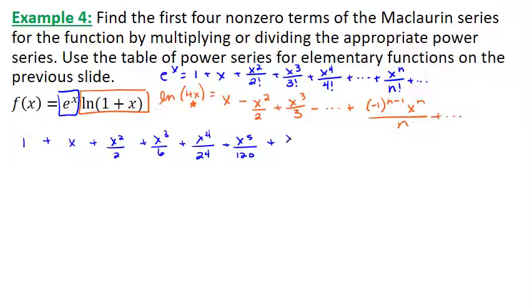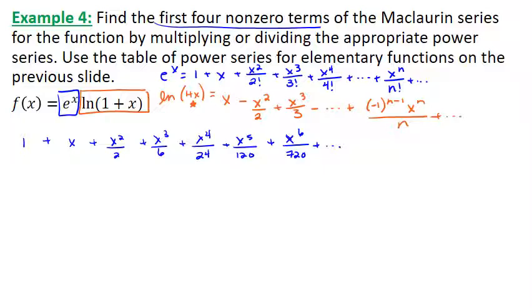Now we need to try to get the first 4 positive terms, because that's what we're asked to find. And oftentimes if you go to 6, that's enough. Sometimes you need a little more, sometimes you need fewer, but that's a good starting point.